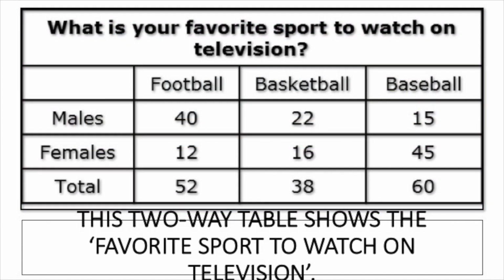This two-way table shows the favourite sports to watch on television. So like we saw last time, we've got football, basketball, and baseball. So by looking at the different fields of information, we can answer the different questions.